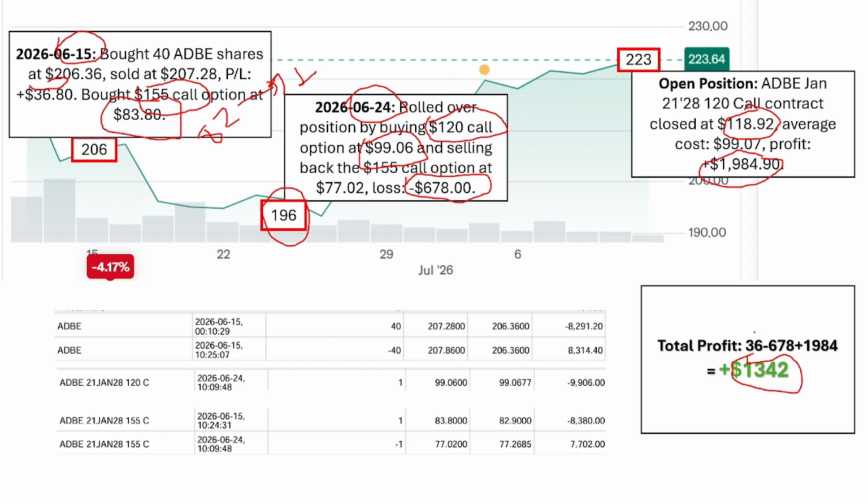As I said, I gained $36 on the shares I sold, and I lost $678 because the price went down and I rolled the option, and from there it has increased $1,984. So this is what I have so far.